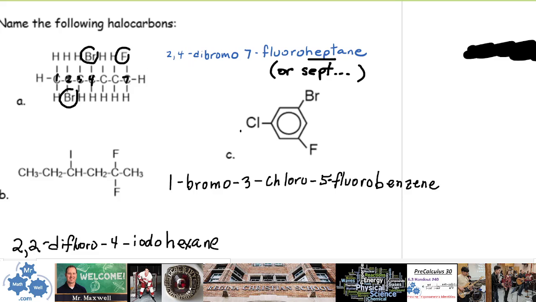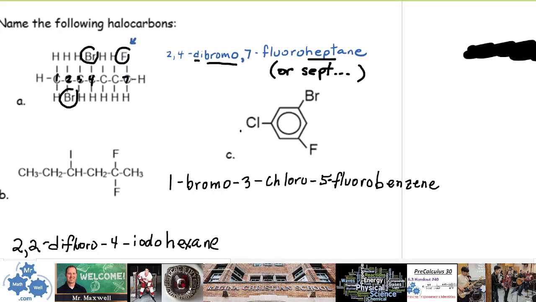So we're going to have 2, 4, because we've got 2 bromines, so we have to list both numbers. Between a letter and a number is a dash. Between numbers is a comma. We also have to say di, because it's bromine, it's bromo. Then 7, dash, fluoro, because we've got fluorine on the 7th carbon.